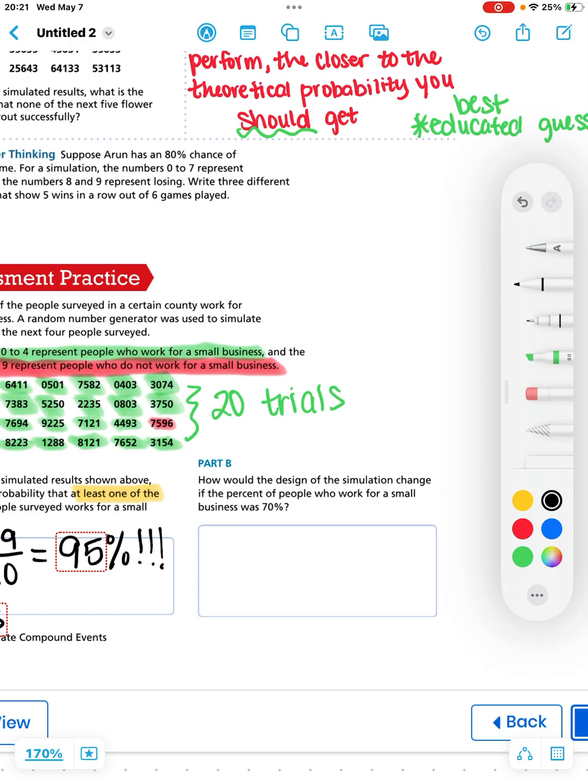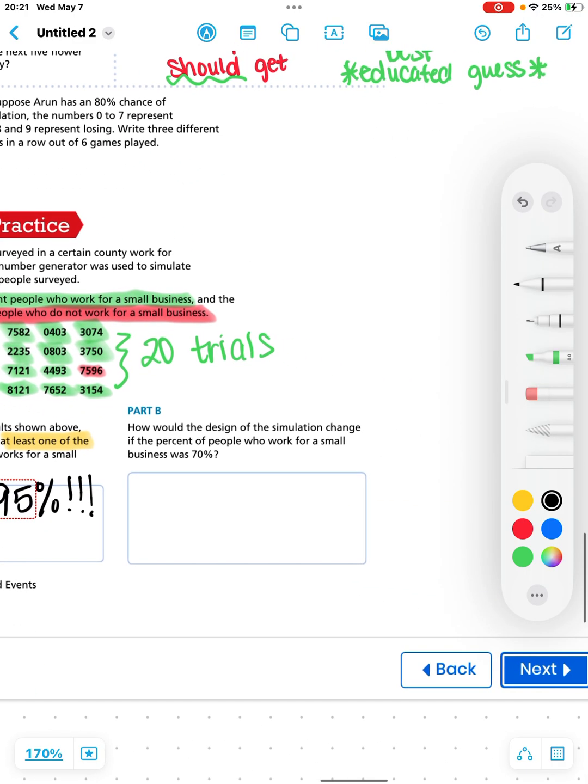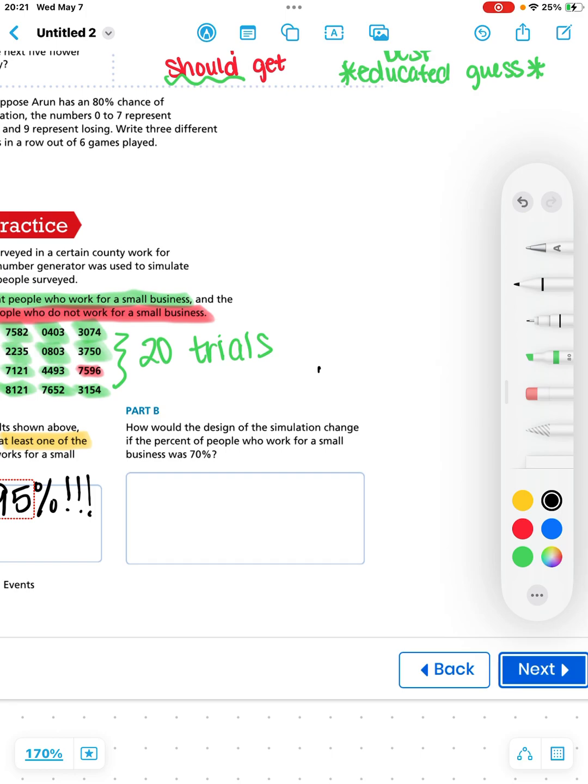How would the design of the simulation change if the percent of people who work for a small business was only 70%? So maybe you change the number of people that work. Rather than saying 1/2 of 0 through 9, you're going to have 70%.